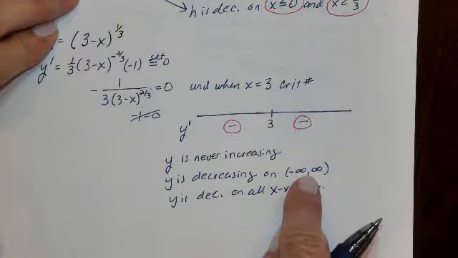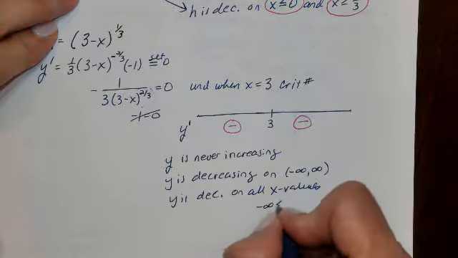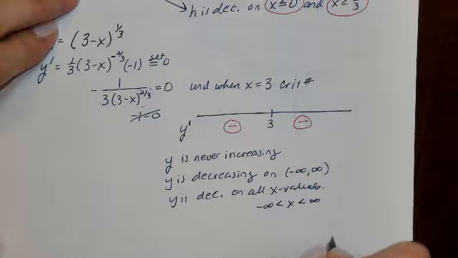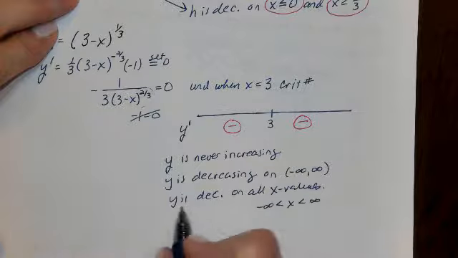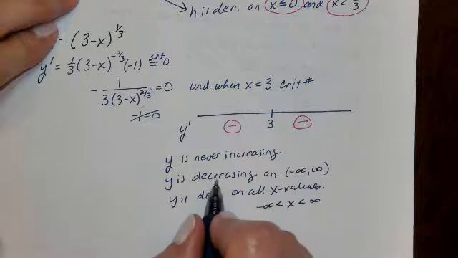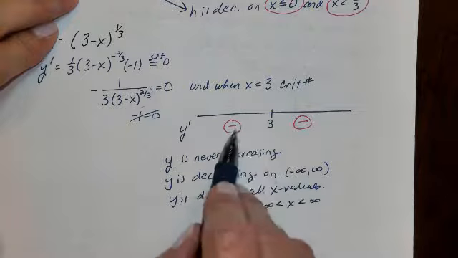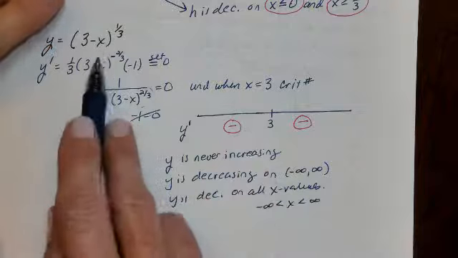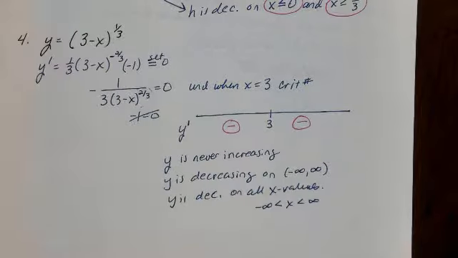All right? You could say negative infinity to infinity like that, in inequality notation if you wanted to. There are lots of ways to say it. Or you could just say y is always decreasing. That works too. Okay? So what this tells me is that whatever this curve looks like, it must always be decreasing.